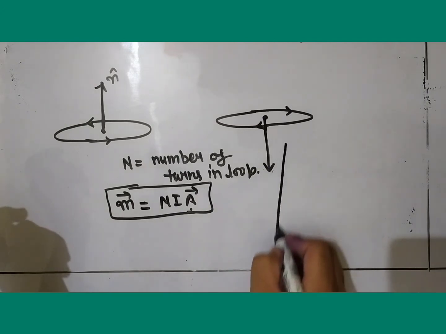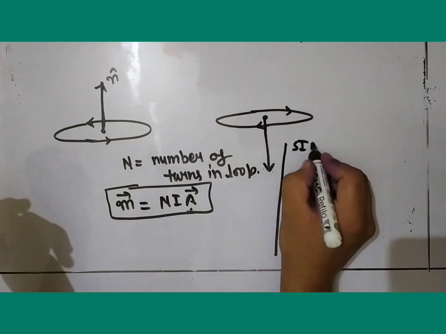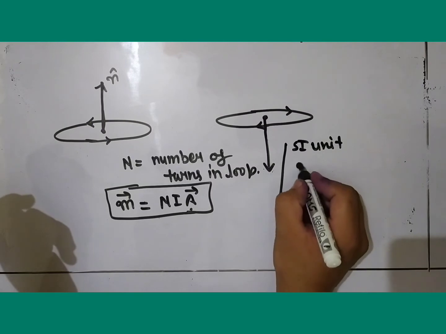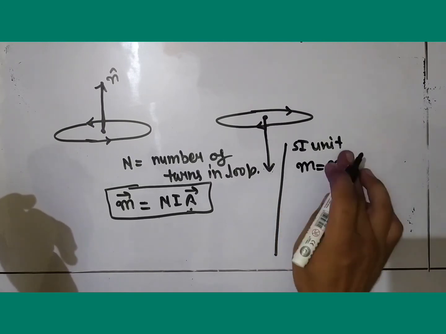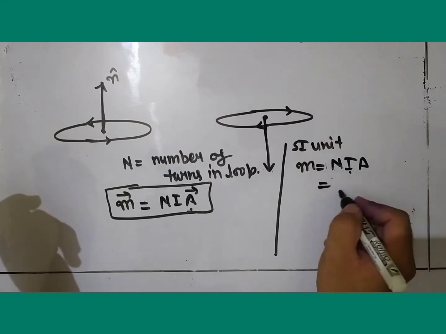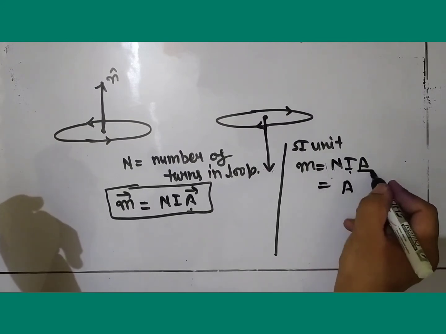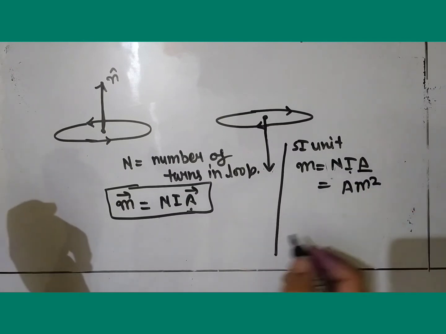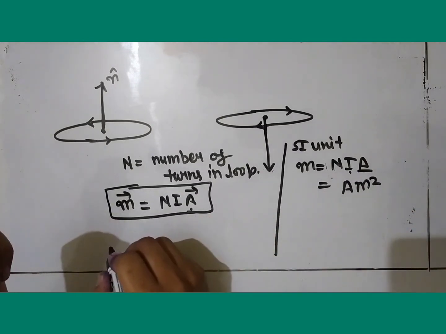Now the SI unit of the magnetic moment: as m is equal to nIa, with I in ampere and a the area, the unit is ampere meter square. This is the SI unit of the magnetic moment.